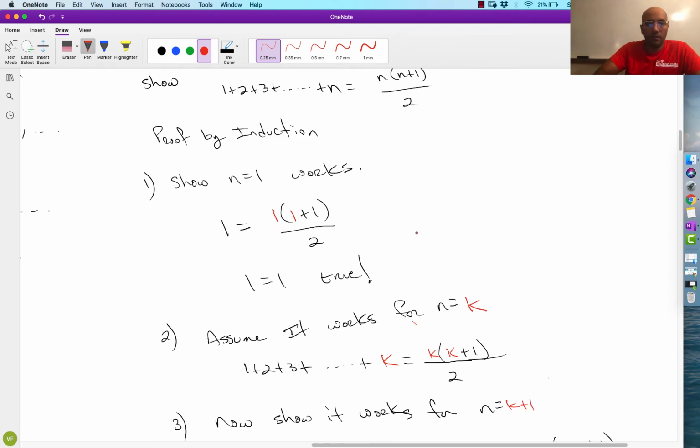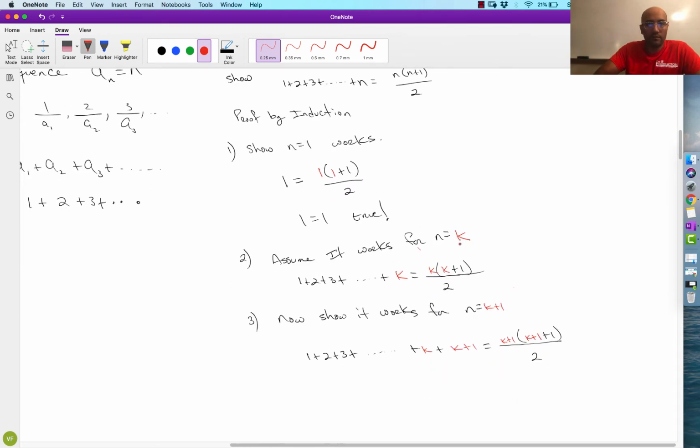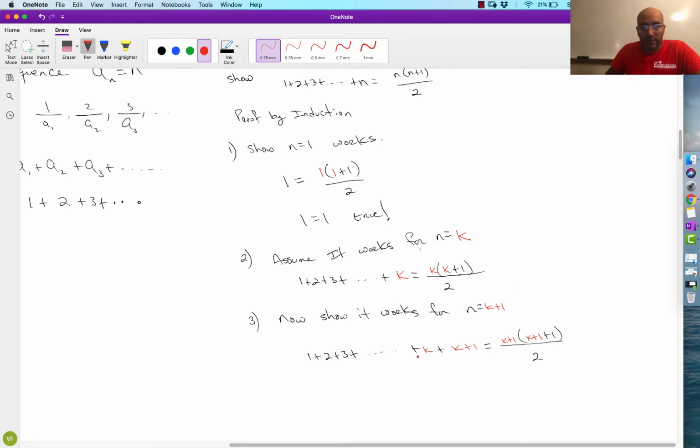All right, let me make that smaller. Okay, so the key to this is to realize that we want to show that it goes all the way out to k plus 1, but the one right before it was k. Therefore, all of this from there all the way up to there is this one, right?